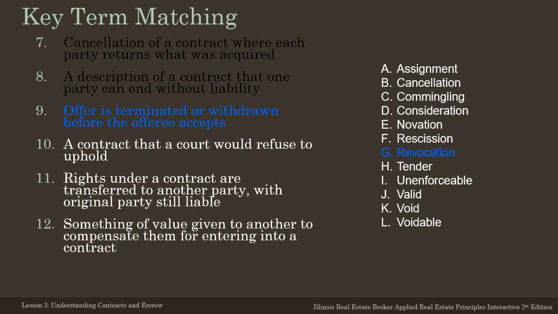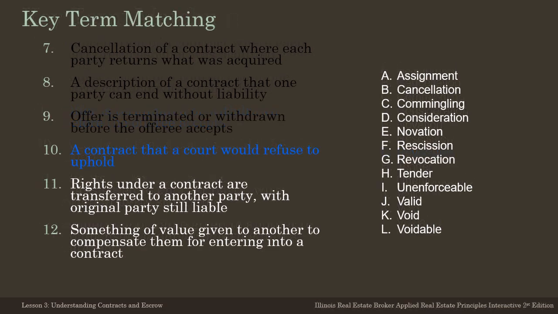A contract that a court would refuse to uphold. Okay. This is called an unenforceable contract. And what that means is the contract probably wasn't in writing. We have a statute called the Statute of Frauds.